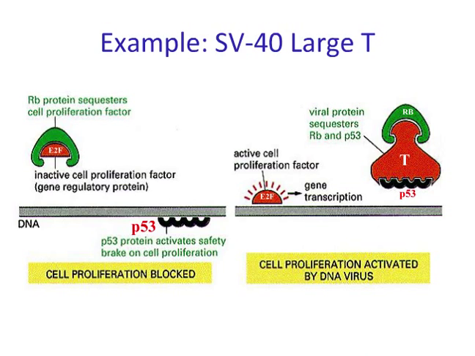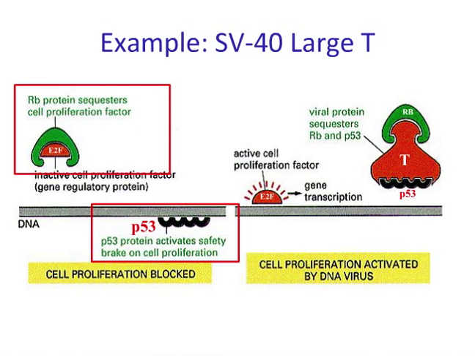An excellent example of a DNA virus control protein is the SV40 large T protein. Two important cell cycle regulatory proteins are the retinoblastoma protein and the p53 protein. Both proteins function to halt cell proliferation.